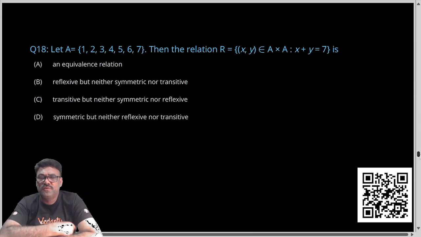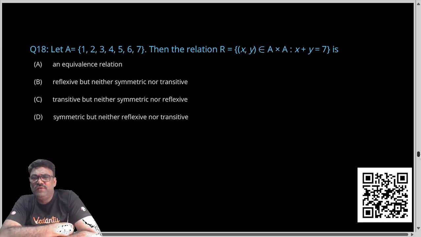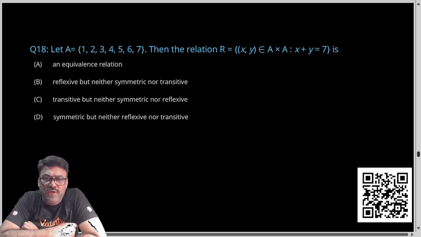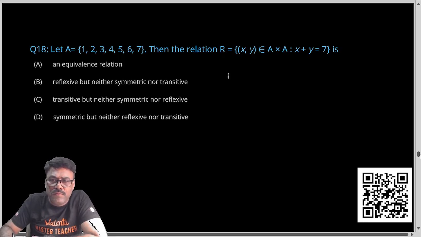Next question, based on relation, easy question. This is a very, very easy question. A is {1, 2, 3, 4, 5, 6, 7}. You are forming a relation R, and this relation contains those pairs which satisfy x plus y equal to 7.